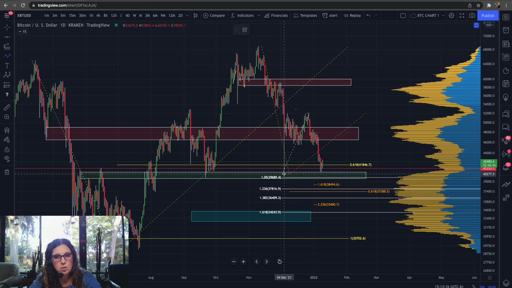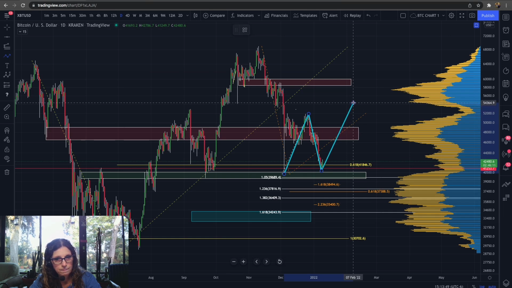is that we created 3 waves to the upside, a zigzag, 3 waves to the downside, and now we're going to get either a running flat, which hits resistance here, which would be a bearish correction, or it's going to push through and be a regular flat, which could even go higher.